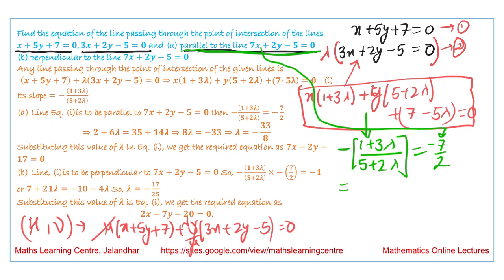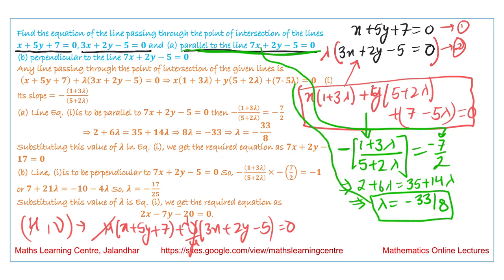Solving these, this implies that 2 plus 6 lambda is equal to 35 plus 14 lambda, and the value of lambda is minus 33 by 8. So this is the value of lambda that we have.